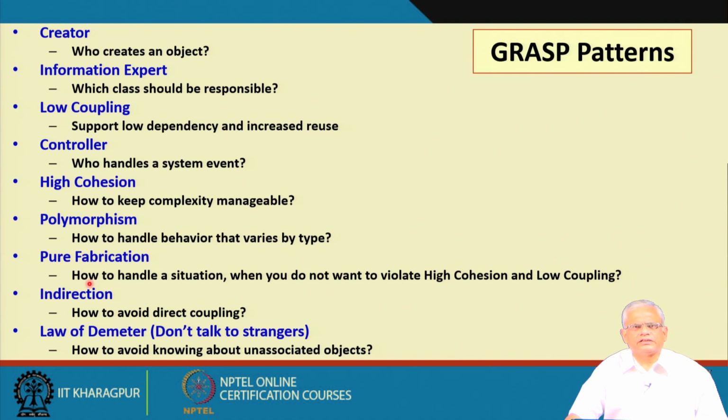In the fabrication step, we create a new class and delegate responsibility to the new class. Indirection, this is to avoid direct coupling between unrelated classes. We will see this pattern, and then the Law of Demeter to restrict the method invocation to only related classes.